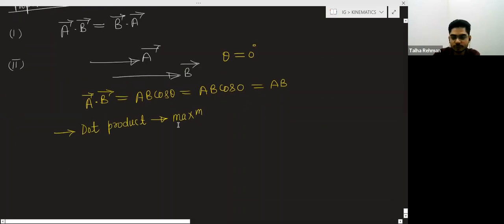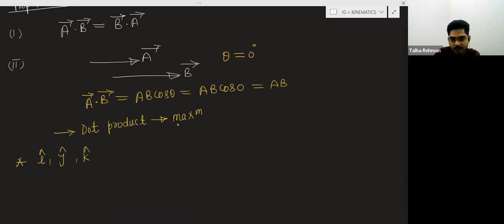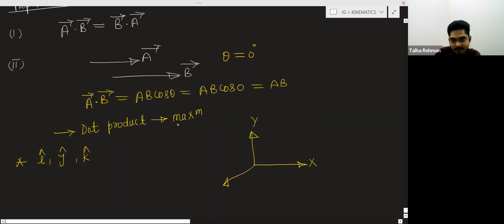I have told you about the unit vectors now. That is I cap, J cap, and K cap. Three axes are there: x axis, y axis, and z axis.